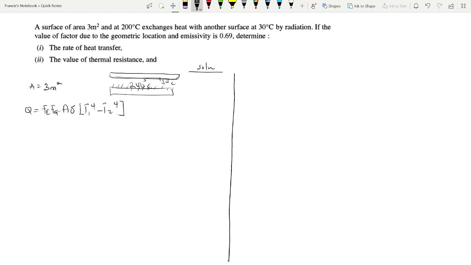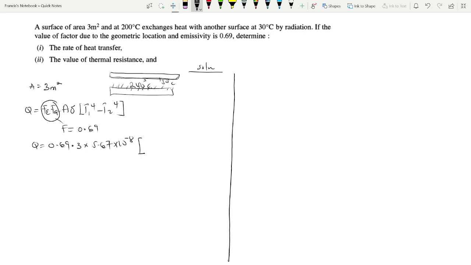The geometric location and emissivity have been combined, so let's call it F, being 0.69.